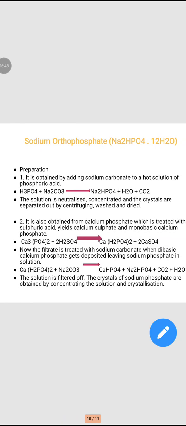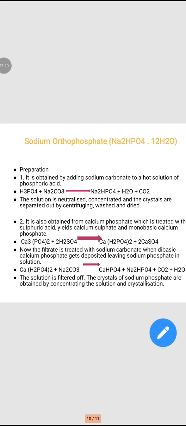The next one is sodium orthophosphate. The molecular formula is Na2HPO4·12H2O. Preparation. First method: it is obtained by adding sodium carbonate to a hot solution of phosphoric acid. H3PO4 plus Na2CO3 gives sodium orthophosphate, Na2HPO4.